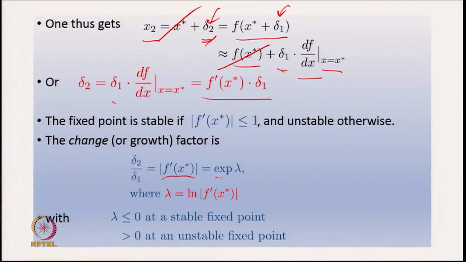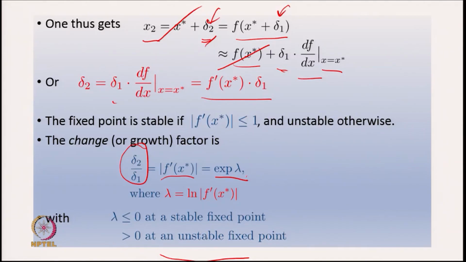If I write this as the exponential of a quantity lambda, where lambda is just the logarithm of the modulus of f prime of x star, then this factor delta 2 by delta 1 will be less than 1, namely it will shrink, if lambda is less than 0, and it will grow if lambda is bigger than 0.